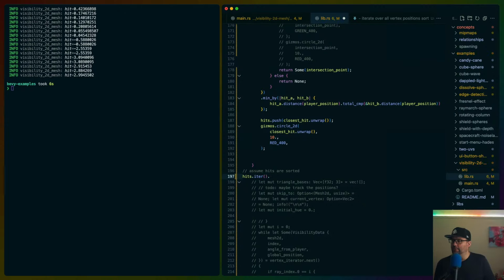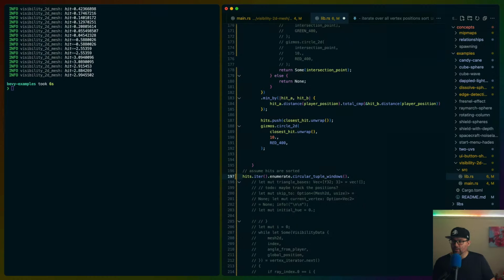Hits.iter dot circular tuple windows, right? I think this is enumerate. No, because hits needs to be combined with the player position. So we actually need to iterate over all groups of 2 of the hits.